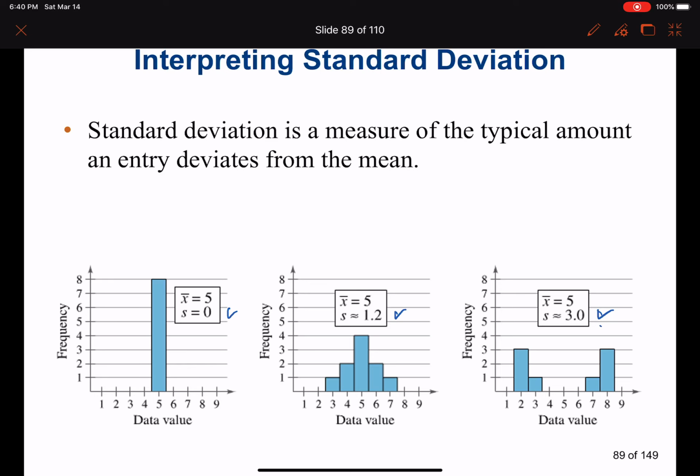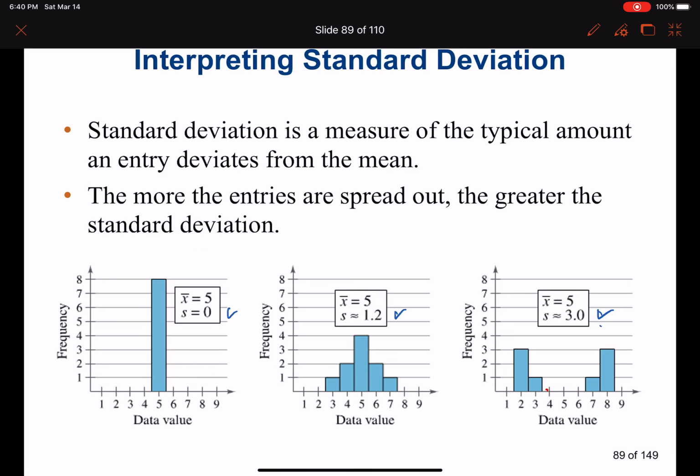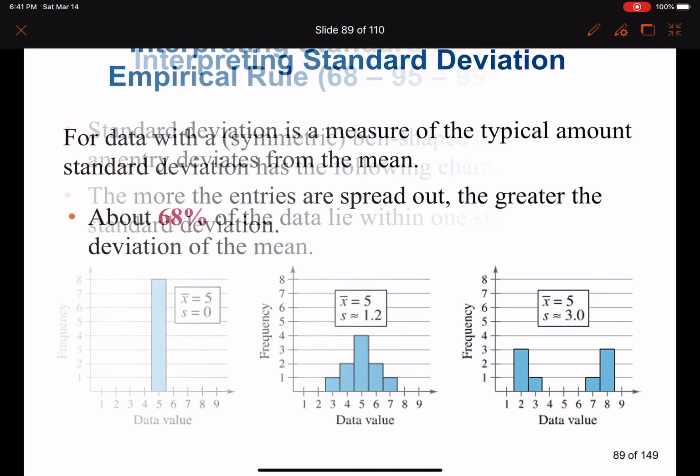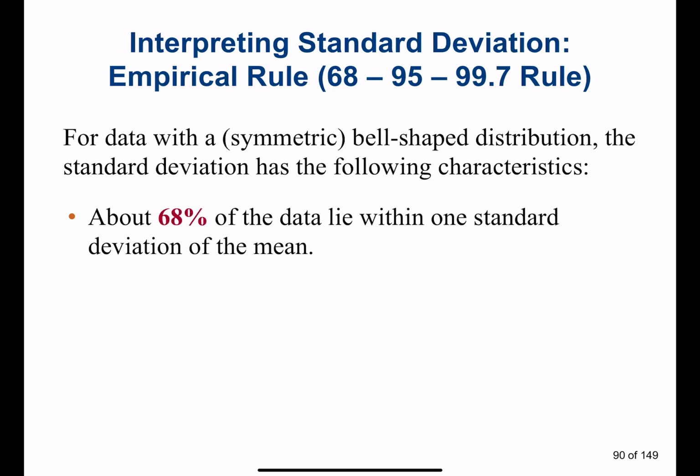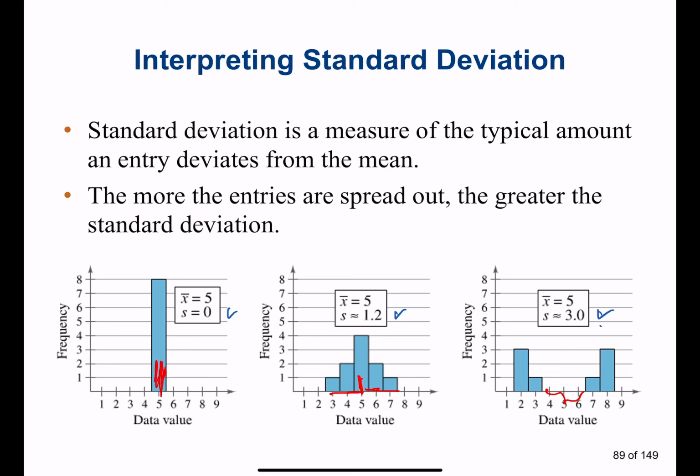It has the most spread here. Then here we have less, 1.2, because this is the average, and this is the deviation, how far they are spread from the average. And this one has 0 because everything is in one column. There is no spread here. We good?